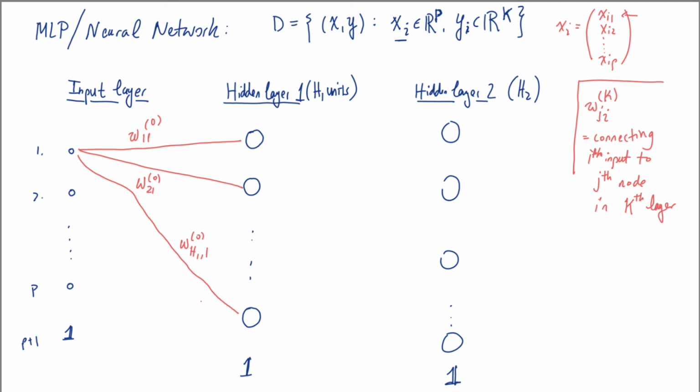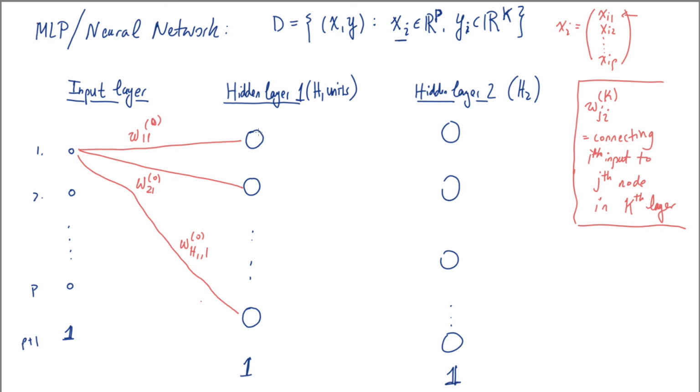Okay, so maybe this is not the best numbering, so here I could maybe say this is W1, but for now we'll just keep it like this. I just mean that between every two layers, I'll call this the first layer, the second layer, the third layer, we're going to have a set of weights. The layer number is going to be this number in brackets.